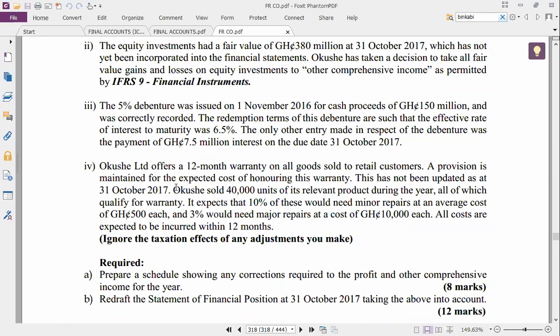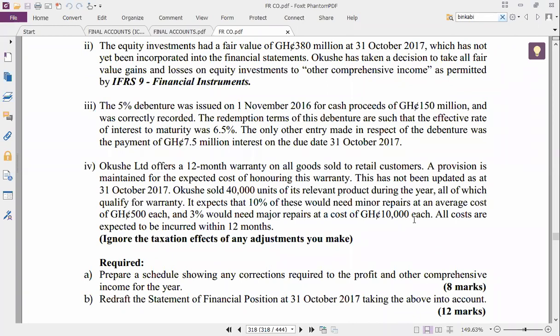Fine. It means that it qualifies to be what? A provision. So let's calculate the current provision. Just multiply the percentage attached to them, that is all. So 10% need minor repairs, so 10% times 500 each. Then 10,000 each for the major ones. And it was sold for 40,000 units, right?